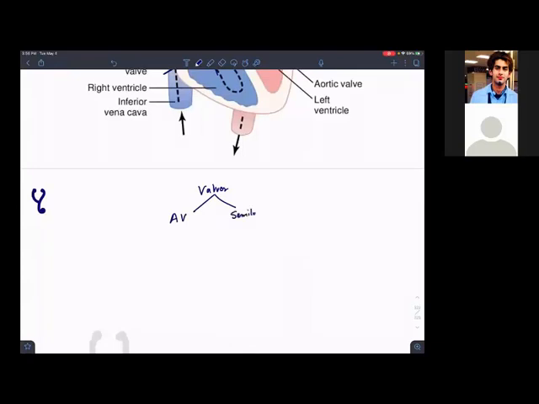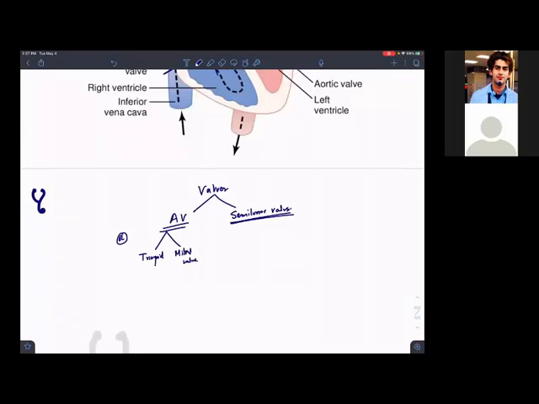So semilunar valves and atrioventricular valves. The atrioventricular valves are the mitral valve and the tricuspid valve. I should write tricuspid on this side, the right side. So tricuspid valve, mitral valve.